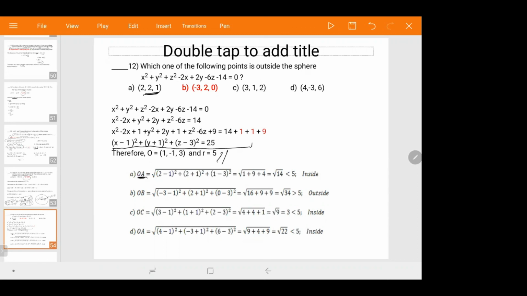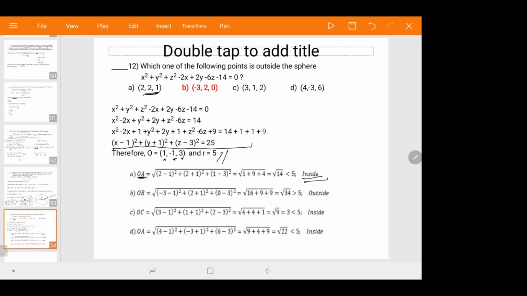Using the distance formula, OA is the square root of (2 - 1) squared plus (2 - (-1)) squared plus (1 - 3) squared. So you get 1 plus 9 plus 4, which is the square root of 14, and obviously the square root of 14 is less than 5. So the distance of point A from the center is less than the radius of the sphere. Therefore, what do you conclude? Point A lies inside the sphere.